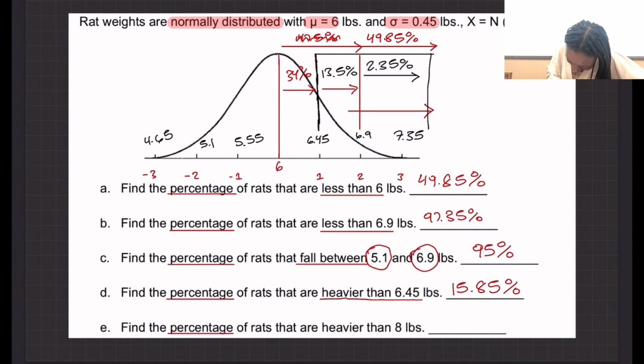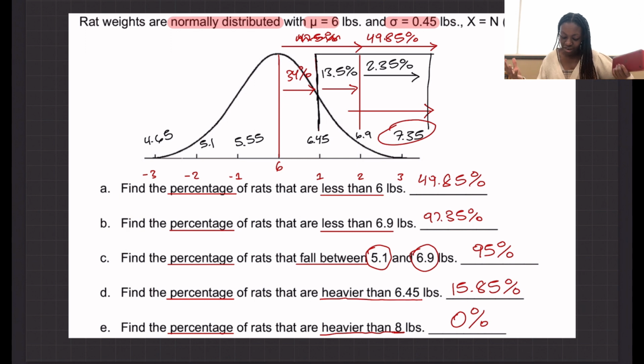Find the percentage of rats that is heavier than 8 pounds. Well, since 8 pounds goes completely off the standard deviation graph, remember our last number is 7.35, I would say that the answer to that is 0%, or you could say no rat weights fall after 8.